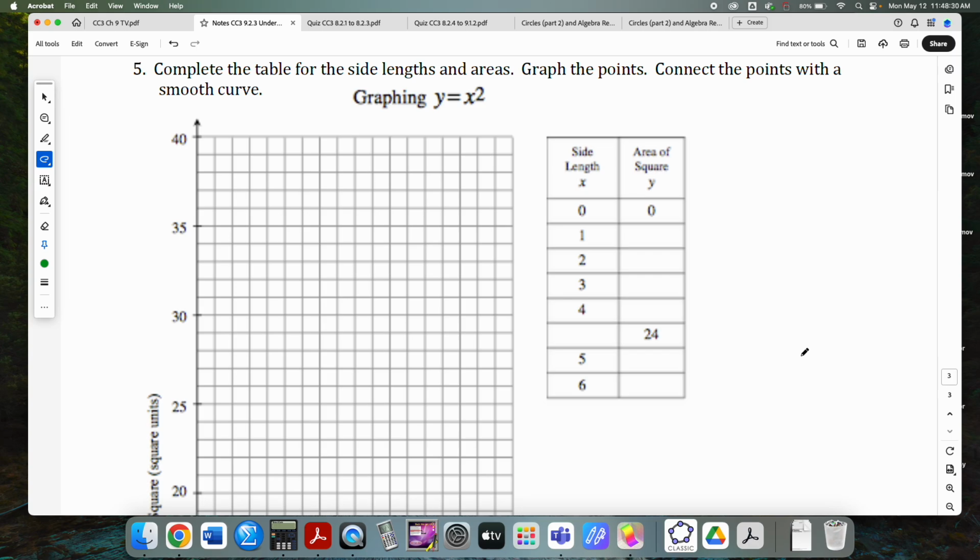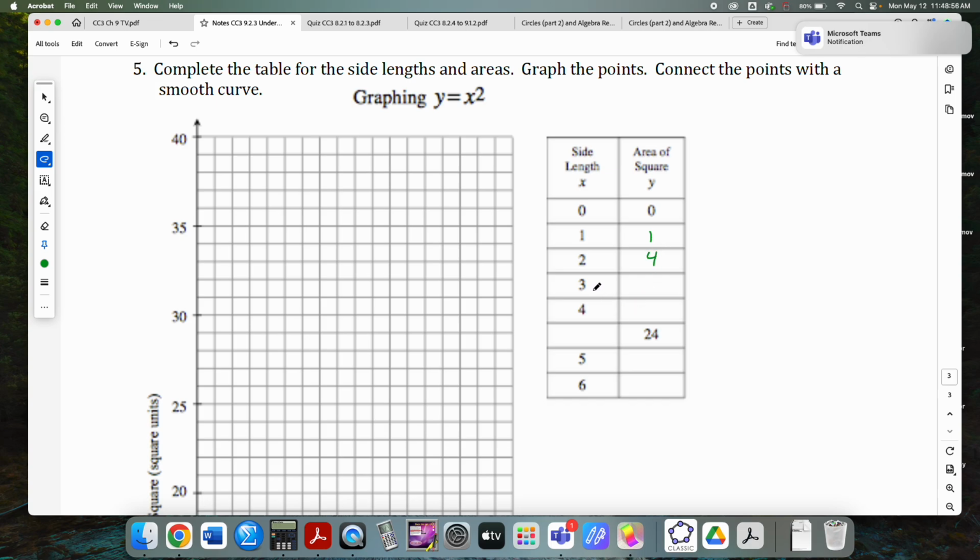All right, so you're going to complete this table for the side lengths and the areas. So, for example, if every side of the square is 1, what's the area? 1. If the side lengths are 2, what's the area? 4.